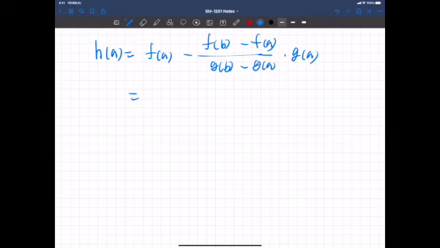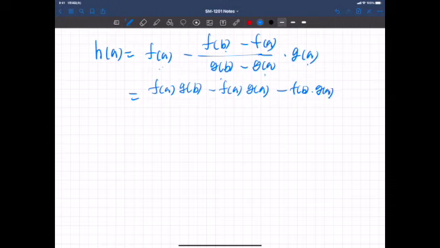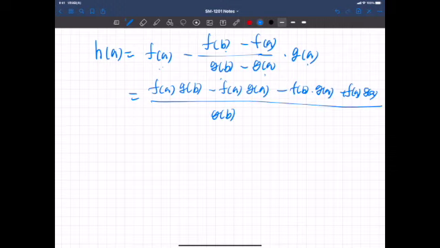So if you calculate this, we have f a g b minus f a g a minus f b g a plus f a g a, over g b minus g a.